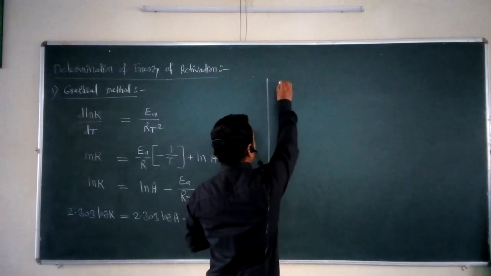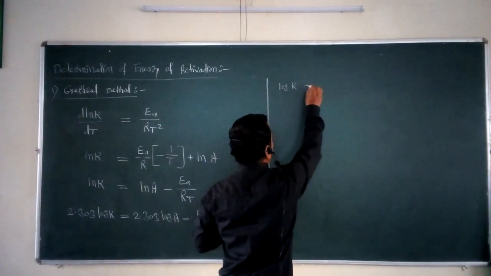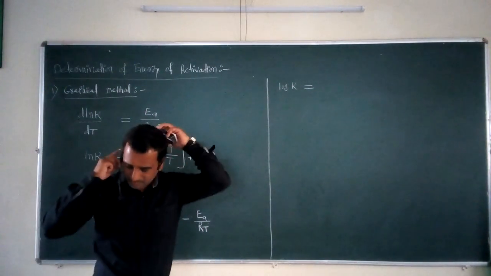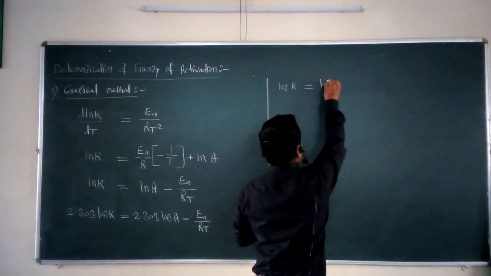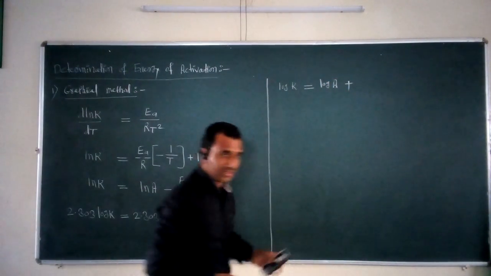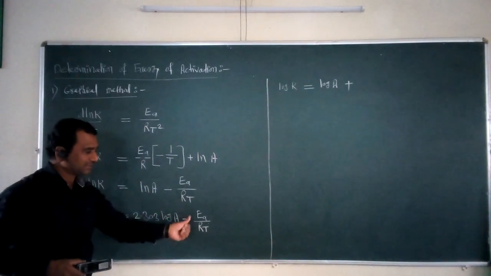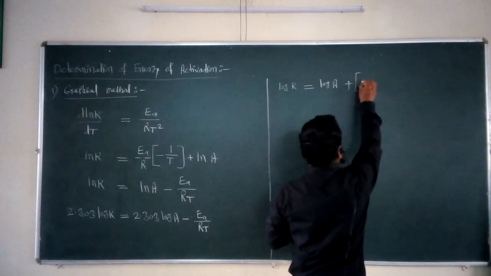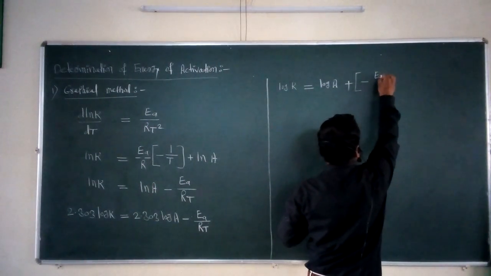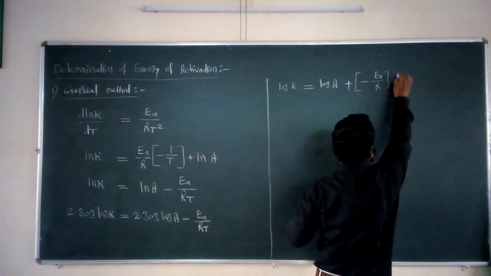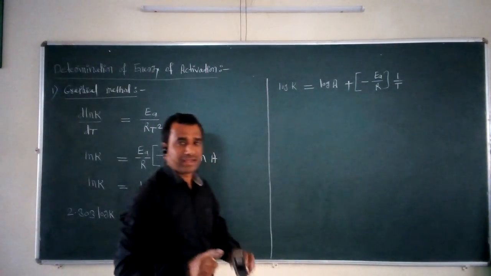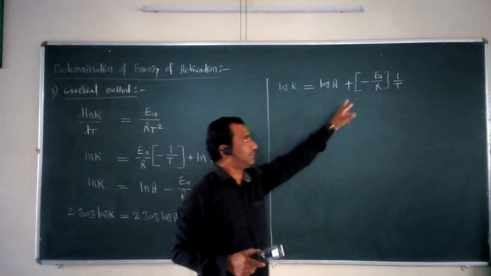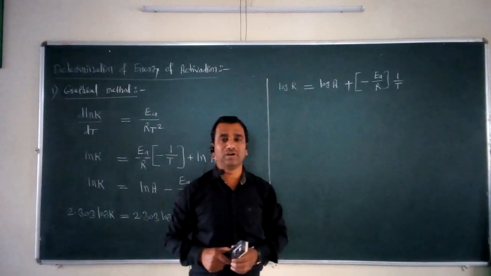On rearrangement you will get log k is equal to log A plus, in the bracket, minus EA upon R into 1 upon T. So log k is equal to log A plus, in the bracket, minus the energy of activation divided by R into 1 upon T.